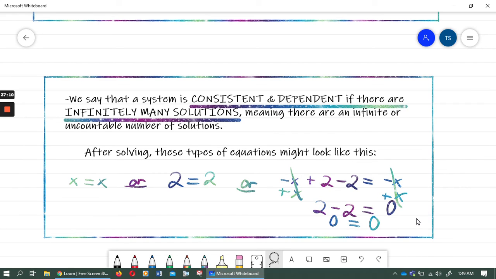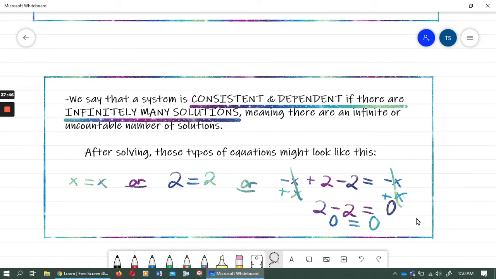So whether your equation looked something like x equals x, 2 equals 2, or 0 equals 0, one way or another, you're unable to find a specific value for that variable. In other words, when you're solving this equation, you get to a place where you cannot solve any further, and this equation is true no matter what. x is always equal to x, 2 is always equal to 2, and 0 is always equal to 0.